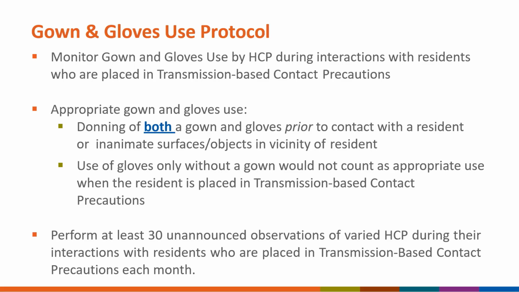Therefore, the gown and glove surveillance option will allow facilities to monitor adherence to gown and glove use when healthcare personnel utilizes appropriate practice, which is donning and doffing, when that resident is on transmission-based contact precautions.